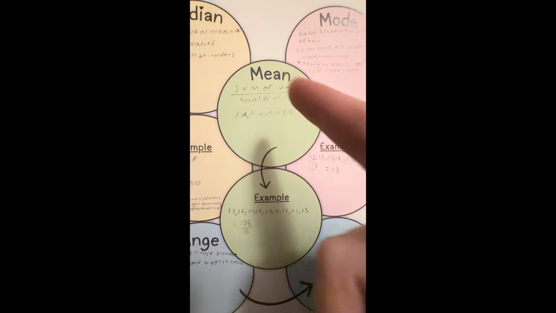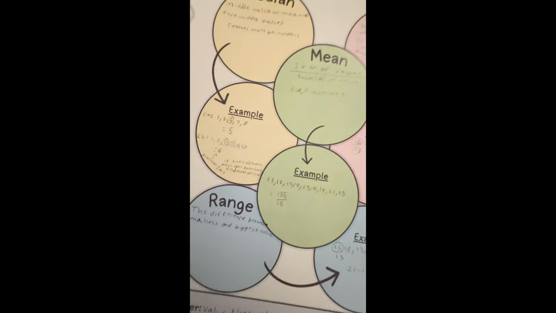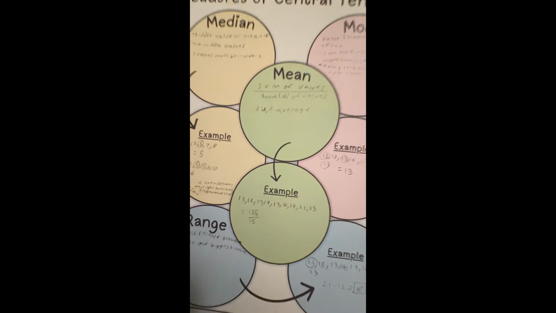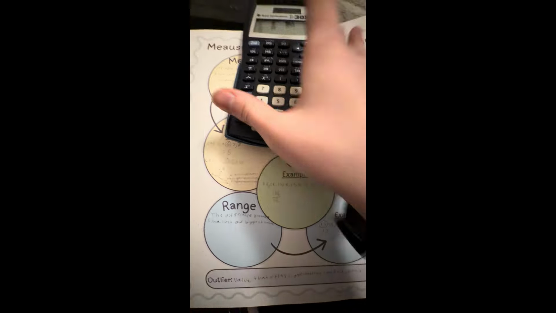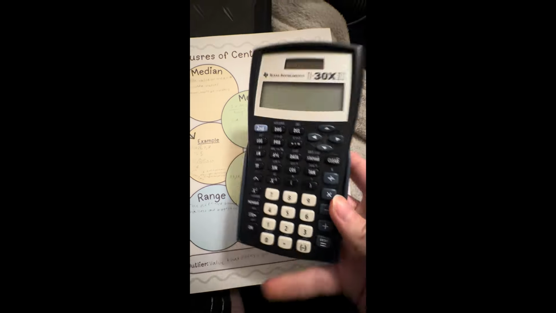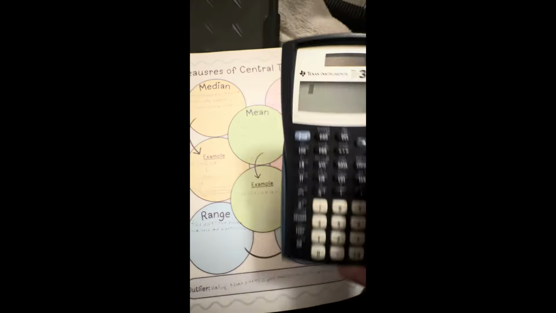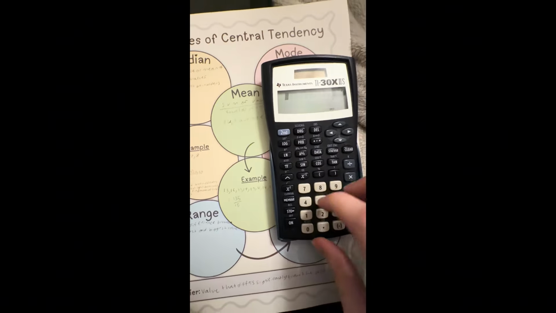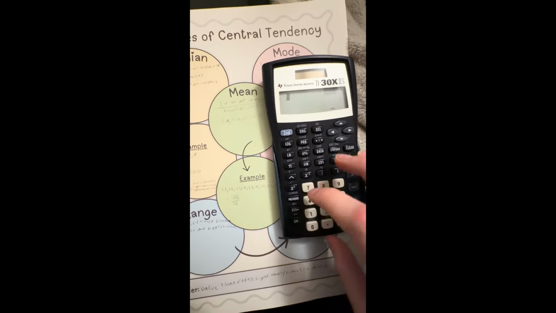But let's do this. So the sum of values. I'm going to use my calculator. Now I do not have the same kind of calculators that we use in math class, but this will work for some of it.